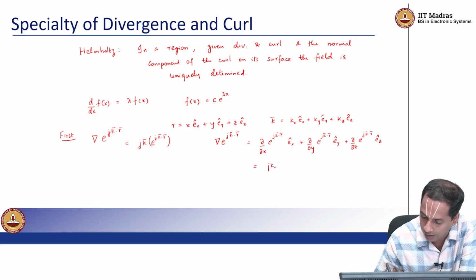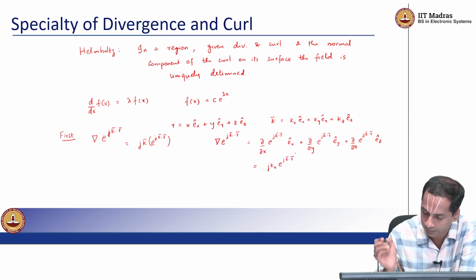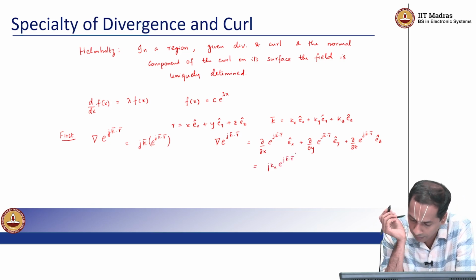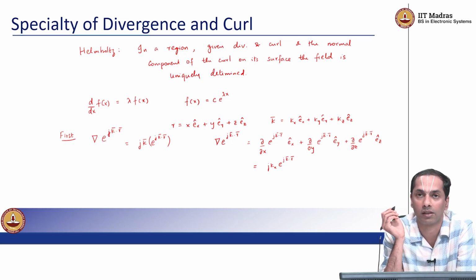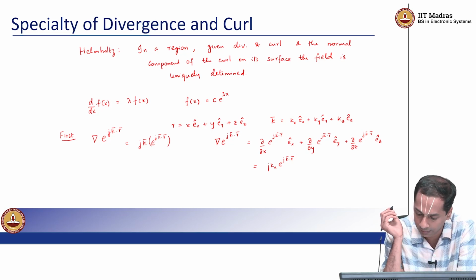So jkx e to the j k dot r, right. Kyy and kzz would be constant when I am taking the partial with respect to x, right.